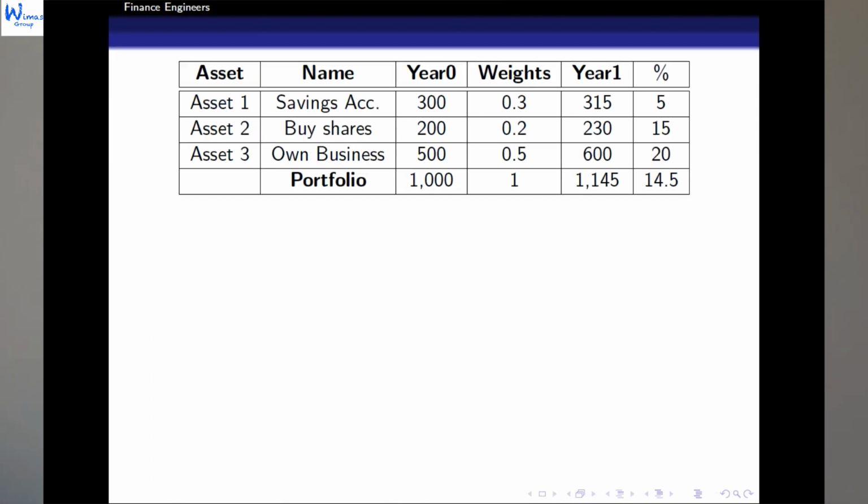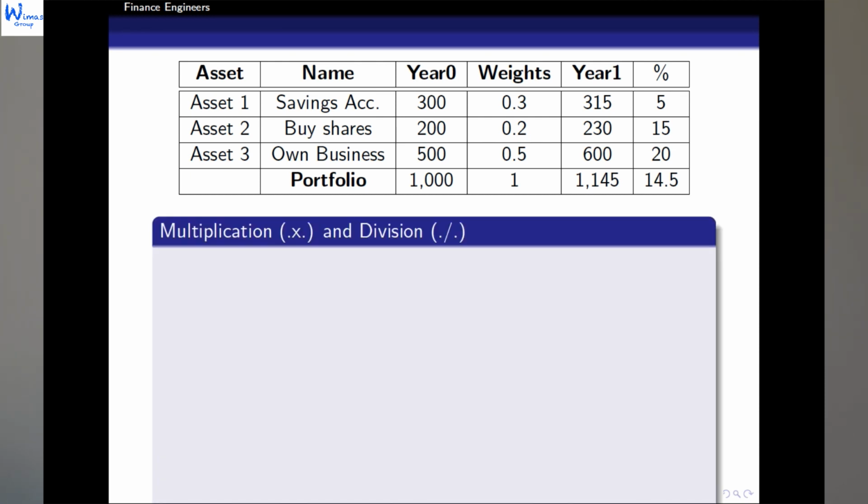The third and the fourth operations or calculations are known as multiplication and division. As an example, you remember we said that we bought 10 shares in a company, and when we bought them, the value of each share was 20.